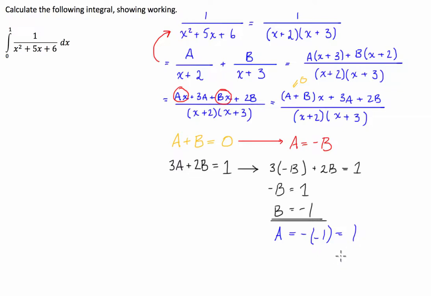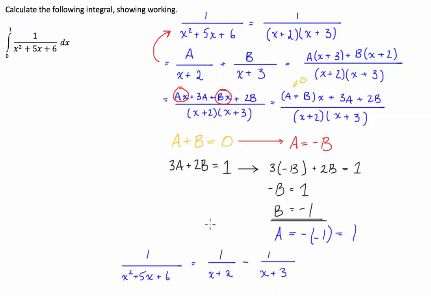So what we can say now is, I'm going to do this all in long form, that 1 over x squared plus 5x plus 6 is equal to 1 over x plus 2 minus 1 over x plus 3.